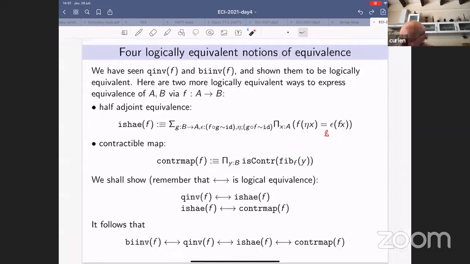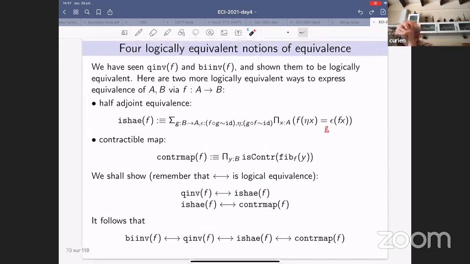And the final one uses the notion of fiber that was essential in the Grothendieck correspondence. And I tried to give you an intuition. I say that f is an equivalence in case that I can show that each fiber is contractible. Okay, and I tried to convince you that it's intuitively saying to me that f is bijective.